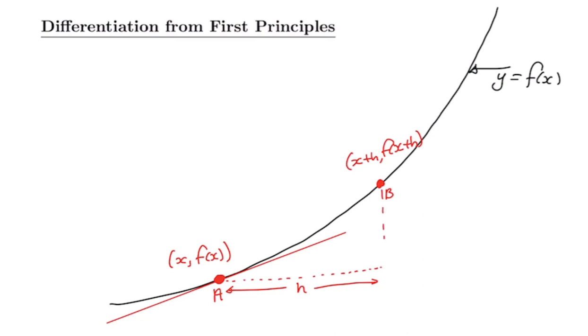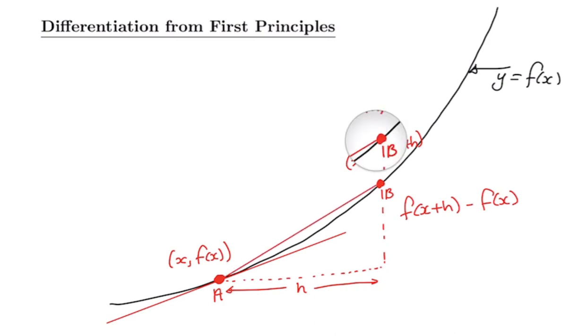So the vertical distance from A to B will be f of x plus h minus f of x. So the gradient between A and B is going to be f of x plus h minus f of x divided by h. In other words, change in y over change in x. And that will be represented by the gradient of this line.